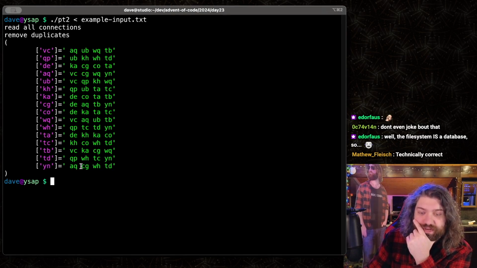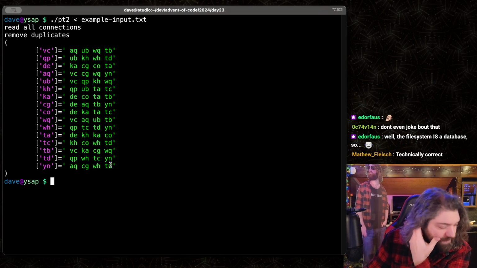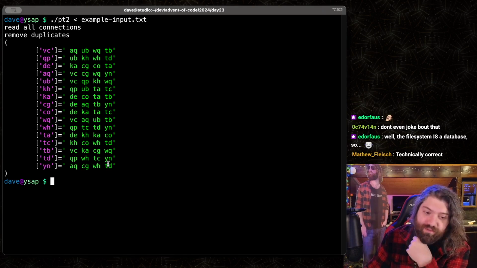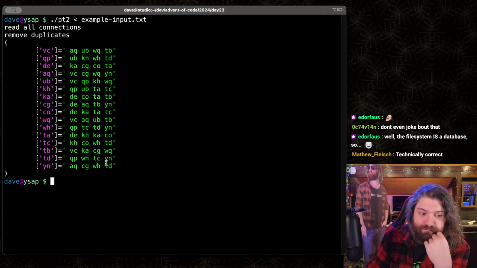Or I could put its own connection in there as well to start off with. And then I can check that all of these members exist in the other ones. And they might not, because they might not have in common. I have to find the Venn diagram. I have to find the one that exists in both of them.